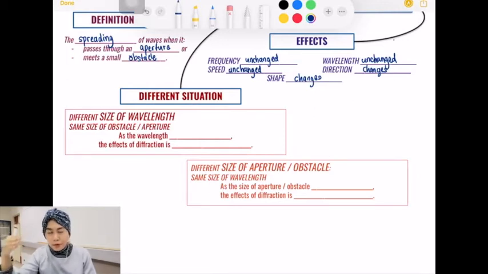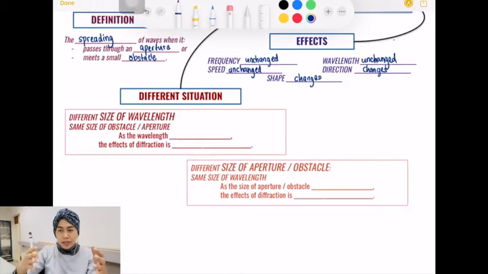If you make the frequency higher or lower, you change the size of the wavelength, and you can see how the diffraction pattern changes as it passes through the obstacle or the aperture. As the wavelength gets longer, the effect of diffraction will be more obvious, meaning the shape will look more clearly diffracted or spread out.